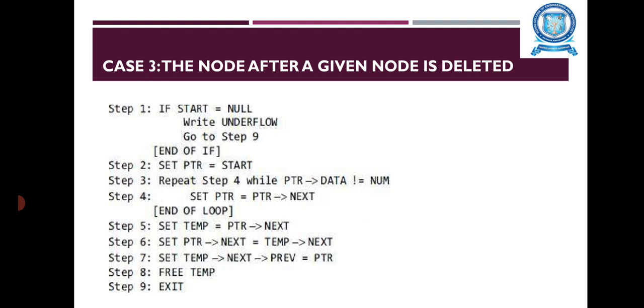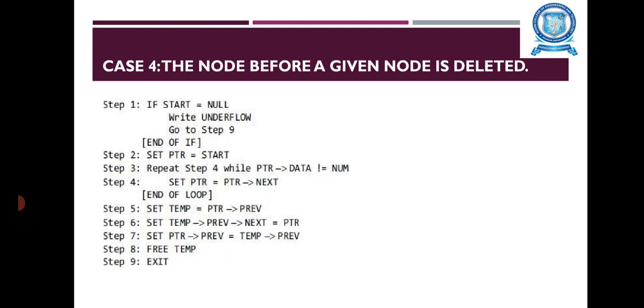Once we reach the node containing the given value, the succeeding node can be easily accessed by using the address stored in the next field. The next field of the given node is set to maintain the contents of the next field of the succeeding node. Finally, the memory of the node succeeding the given node is freed and returned to the free pool.